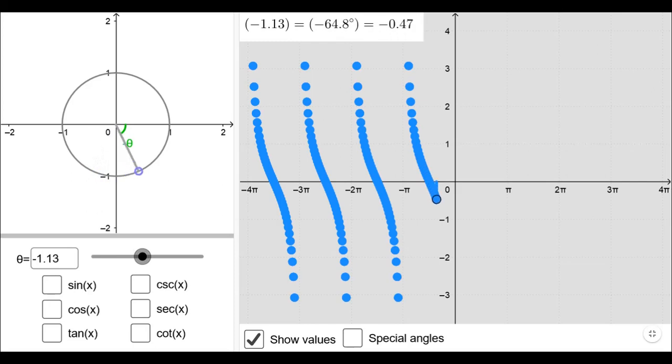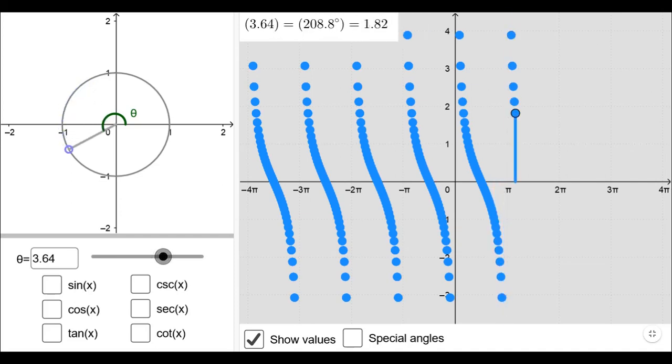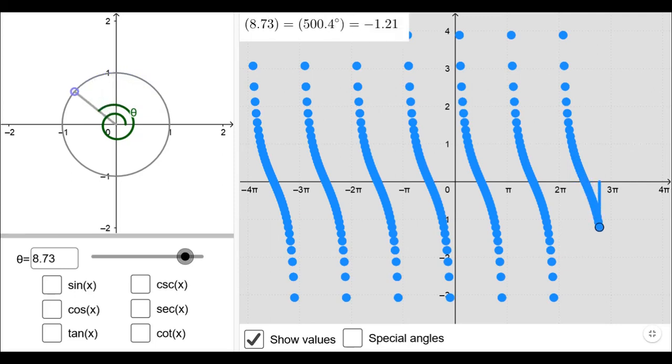You can see, this is the graph of the cot function.